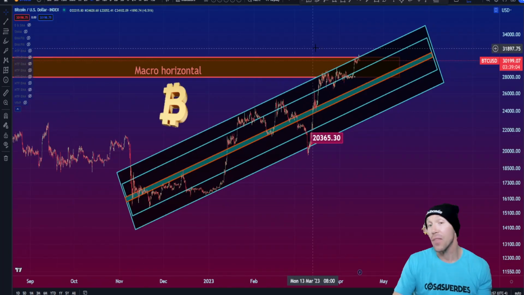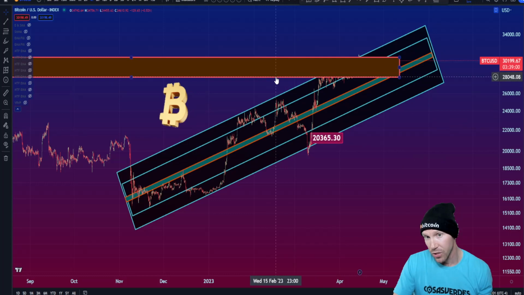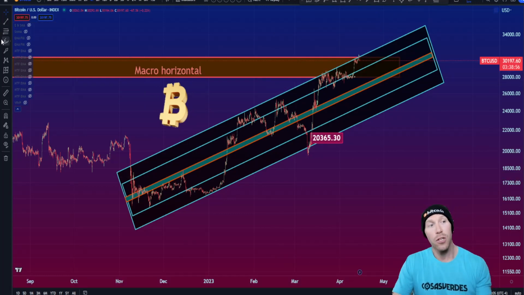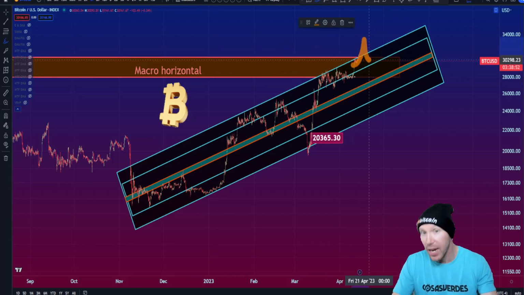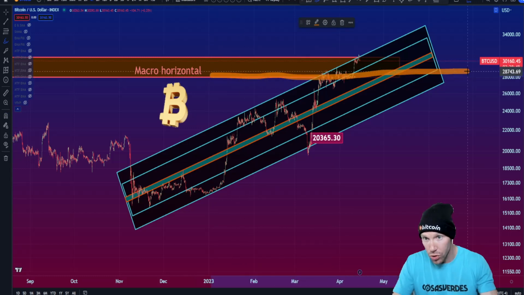So this is not what I'm predicting necessarily. I want you to watch out for this. So you see how this horizontal's behind here? All right, now I'm going to make it disappear. Watch. So it's possible that Bitcoin just acts like it's going to break out of this multiple times. And then it settles back down on this horizontal right when this intersects.